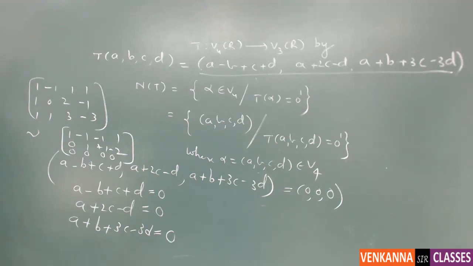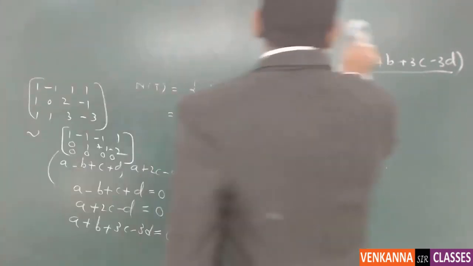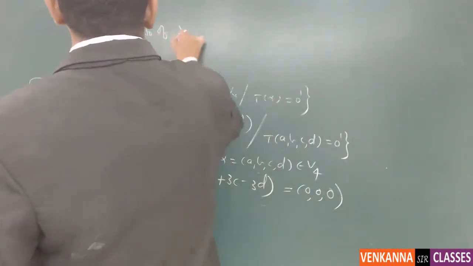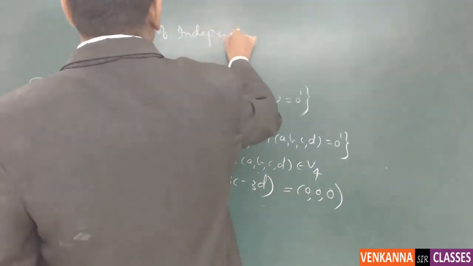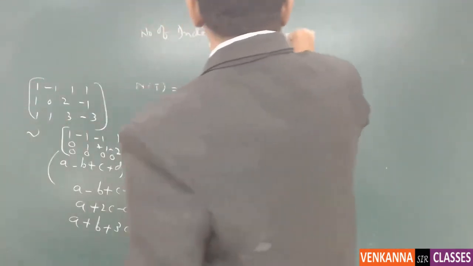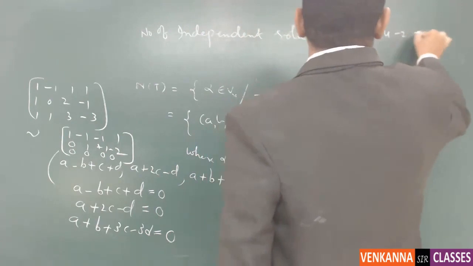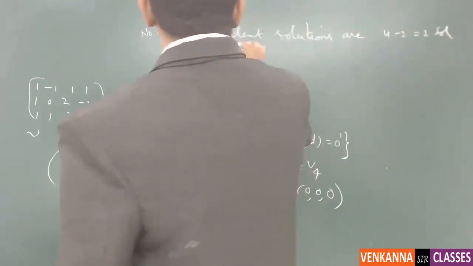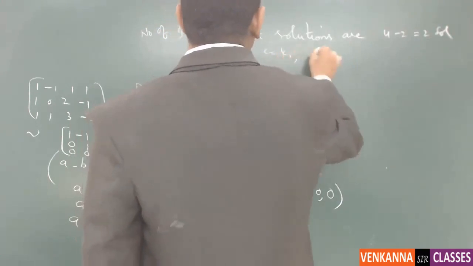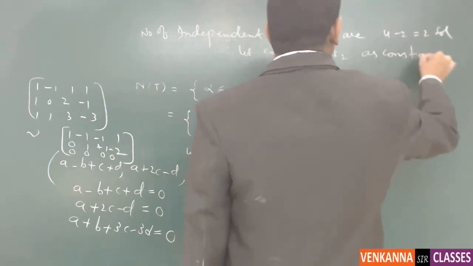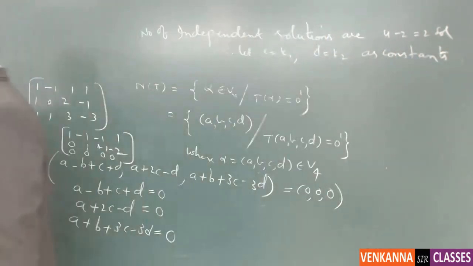Since it is a 4 variable system, the number of independent solutions is given by the free variables.